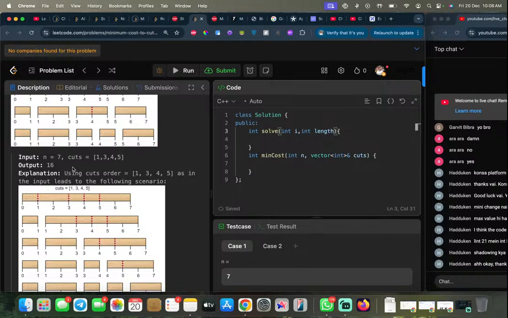So I'll have to solve 3 to 5. I can partition at 3. So i, j and length.